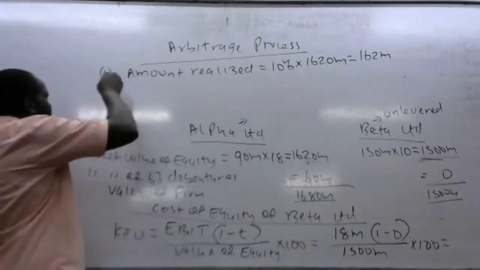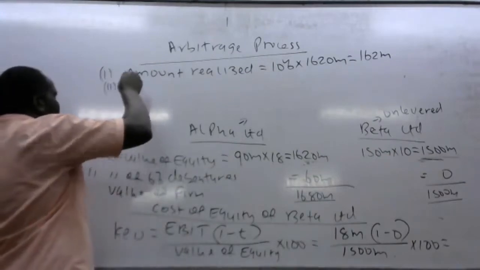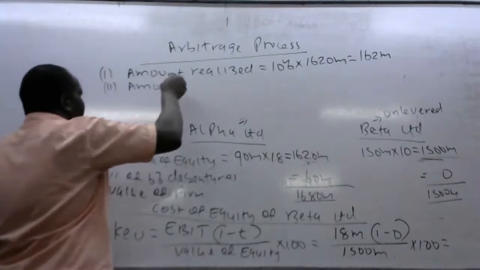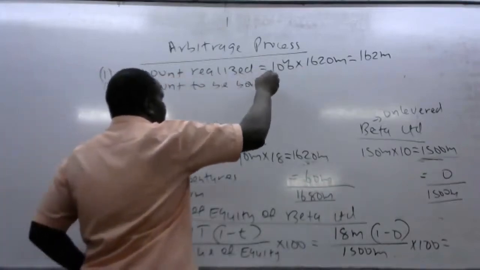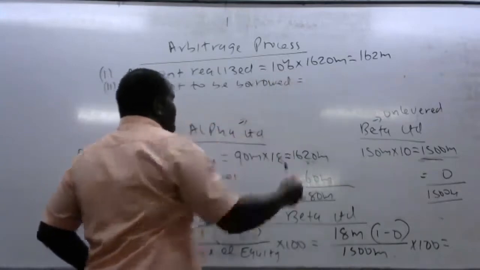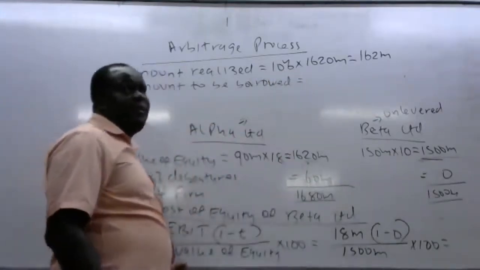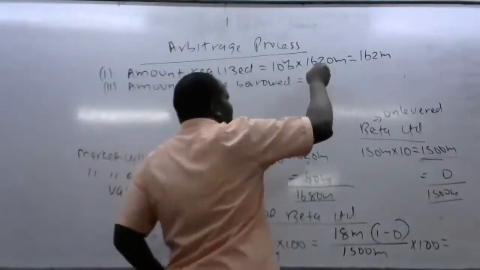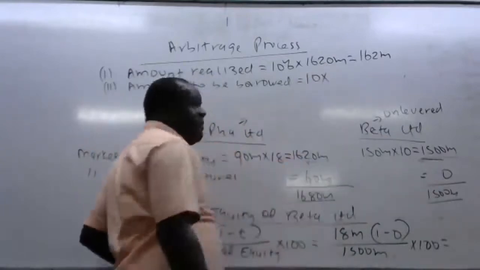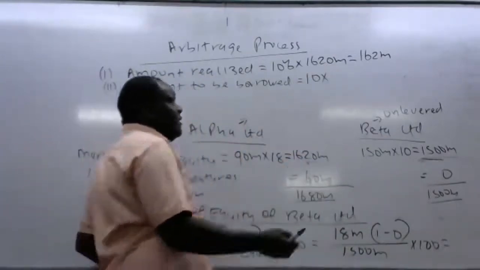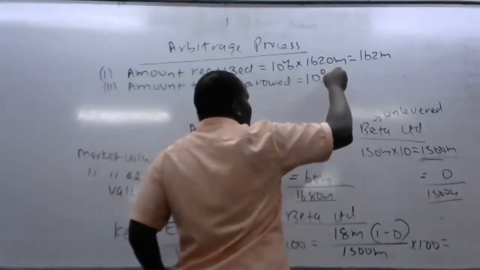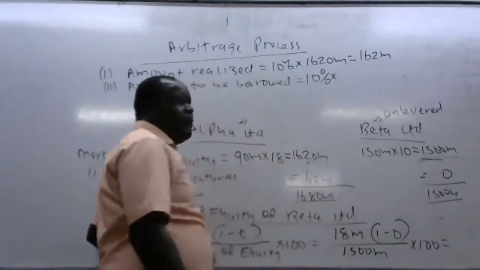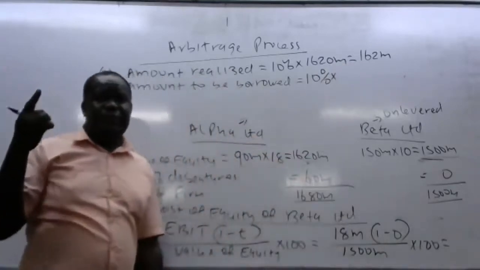So this is now the amount to be borrowed. Amount to be borrowed will still be percentage of ownership multiplied by the amount of the debt. When you check in the step number 2, we say that equivalent to his percentage of ownership multiplied by the amount of the debt.